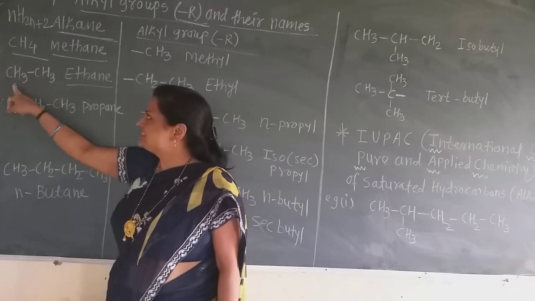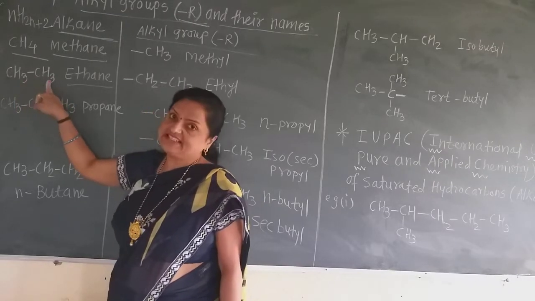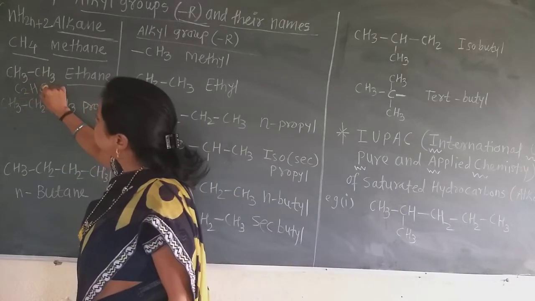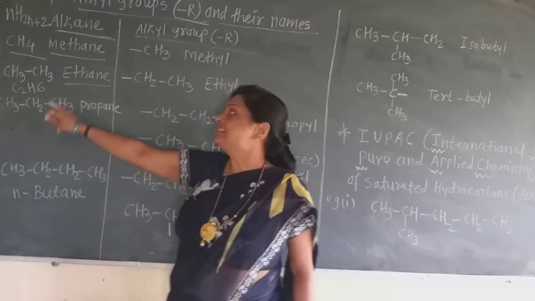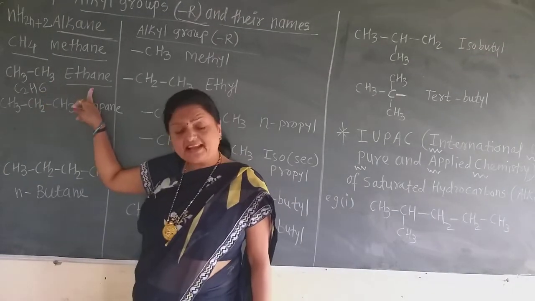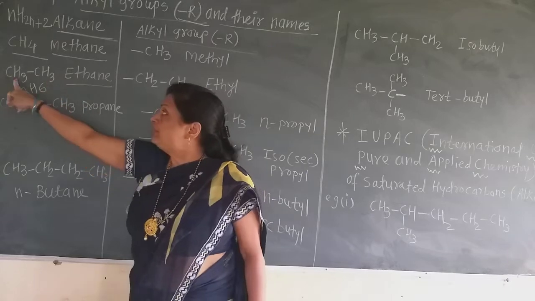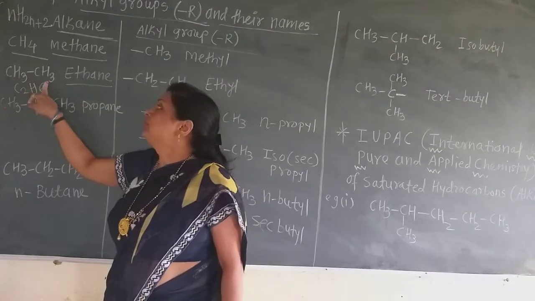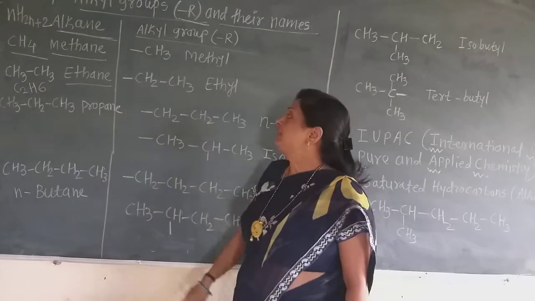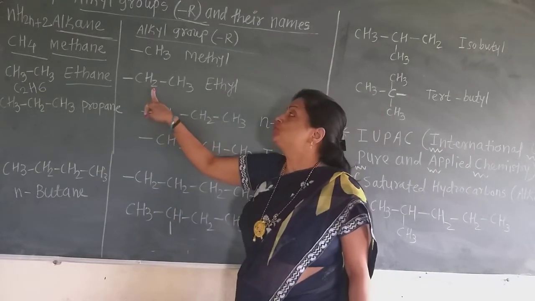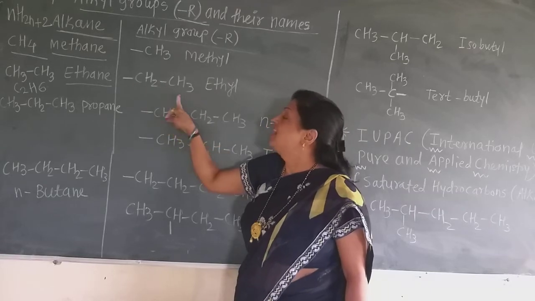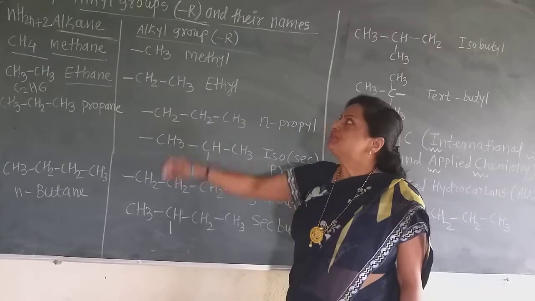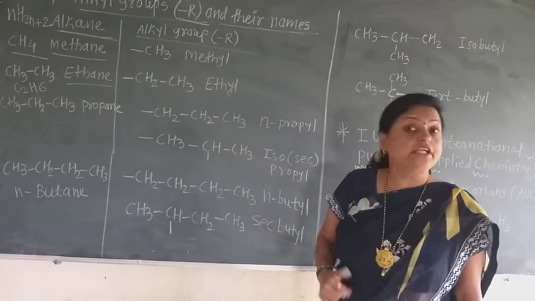Now this is the second alkane, ethane. If we remove a hydrogen atom from either of these 2 carbon atoms, then we obtain dash CH2 dash CH3, that is the ethyl group. It is also called ethyl.